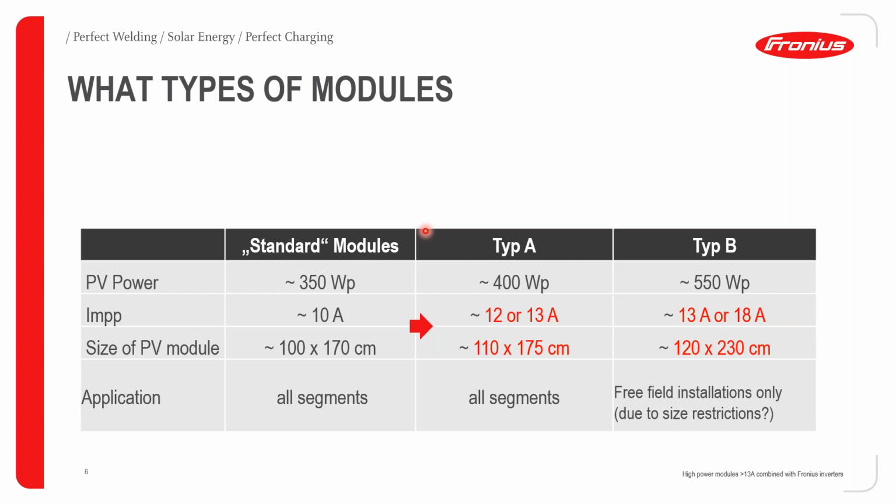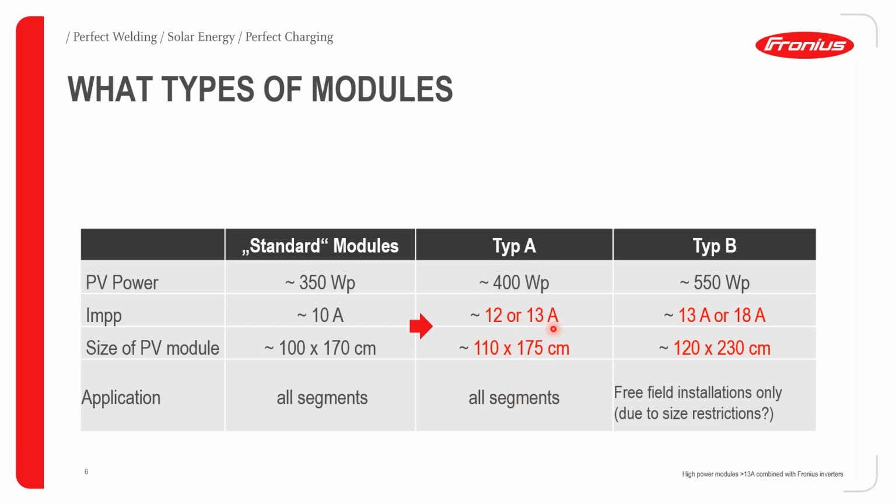The other class is what we are referring to here as type A, and these are modules of approximately 400 watt peak. The IMPP current is now in the region of 12 or 13 amps, and the module is slightly bigger than the standard modules, about 110 by 175 centimeters.